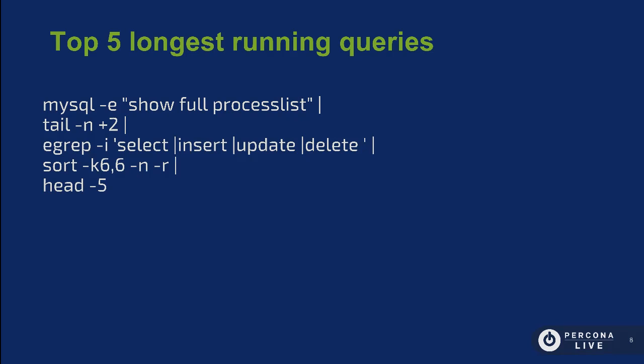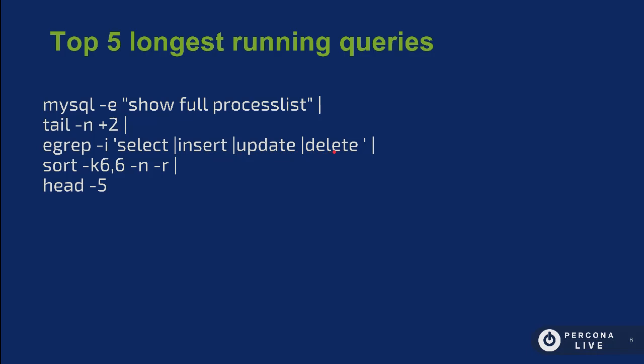So to look at what are my top 5 longest running queries, we can basically use that same process list, tail to get rid of the header information again, but now we'll use egrep to only include, in this case, an expression of case insensitive select with a space, insert with a space, update with a space, or delete with a space.